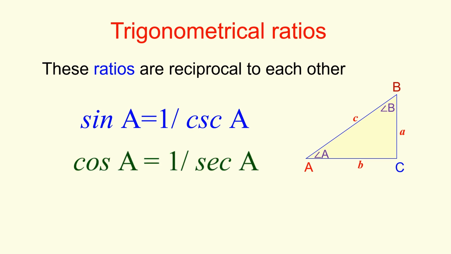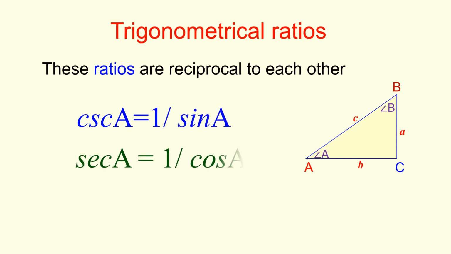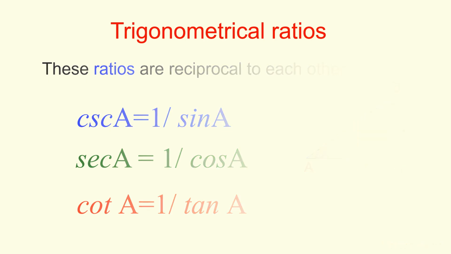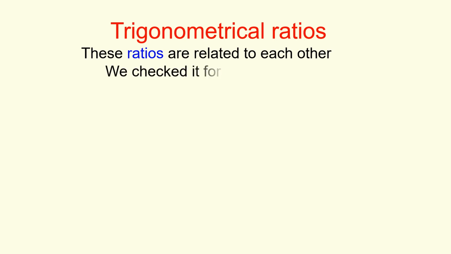Sin A equals 1 by cosec A. Cos A equals 1 by sec A. Tan A equals 1 by cot A. Or cosec A equals 1 by sin A. Sec A equals 1 by cos A. Cot A equals 1 by tan A. Check here these for angle of 30 degrees.